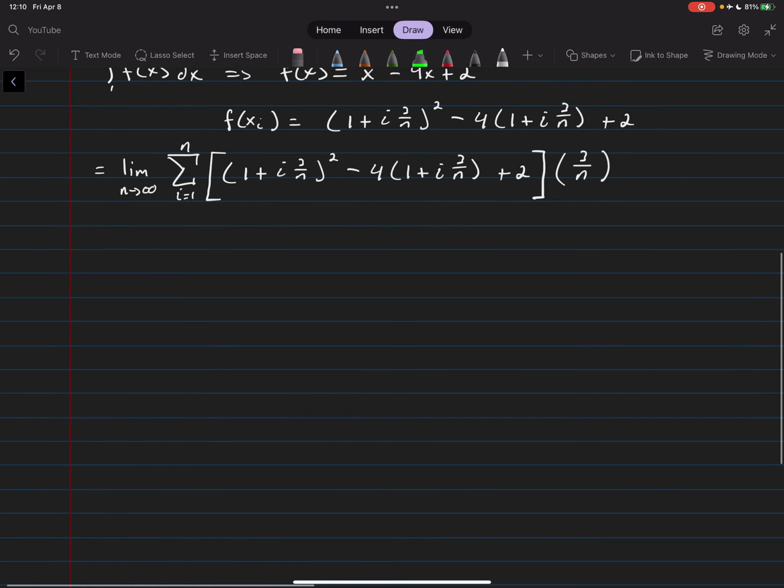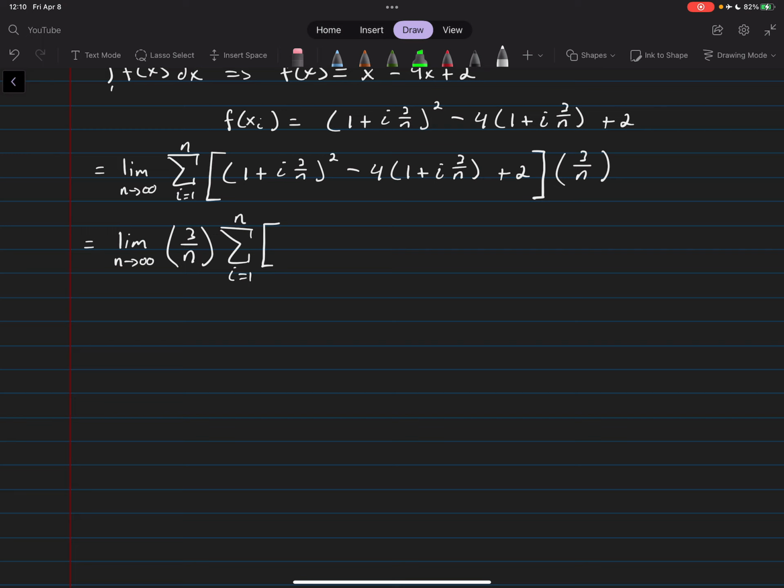So then we have the integral is equal to the limit as n goes to infinity times 3 over n times the summation over i equals 1 to n. Open up big bracket, parenthesis, whatever you want to use.